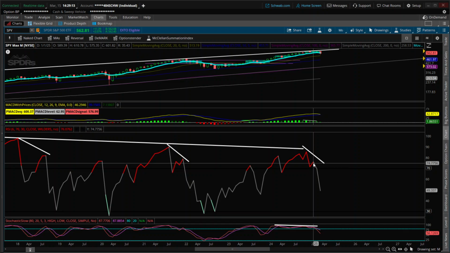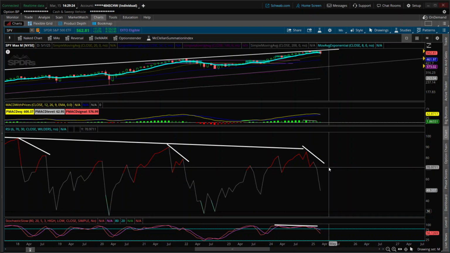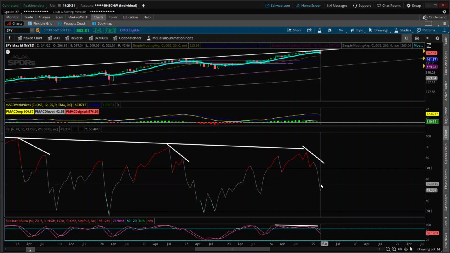That was indicating that we were getting some weakness, and then price dropped out of that overbought area at the 70. That 70 line is where it starts, and we broke down from there, indicating our sell signal.